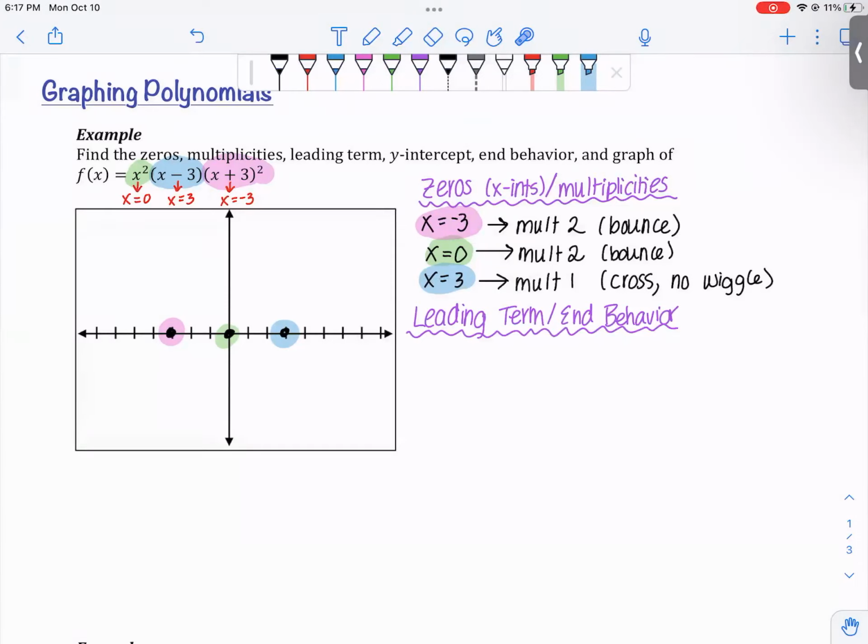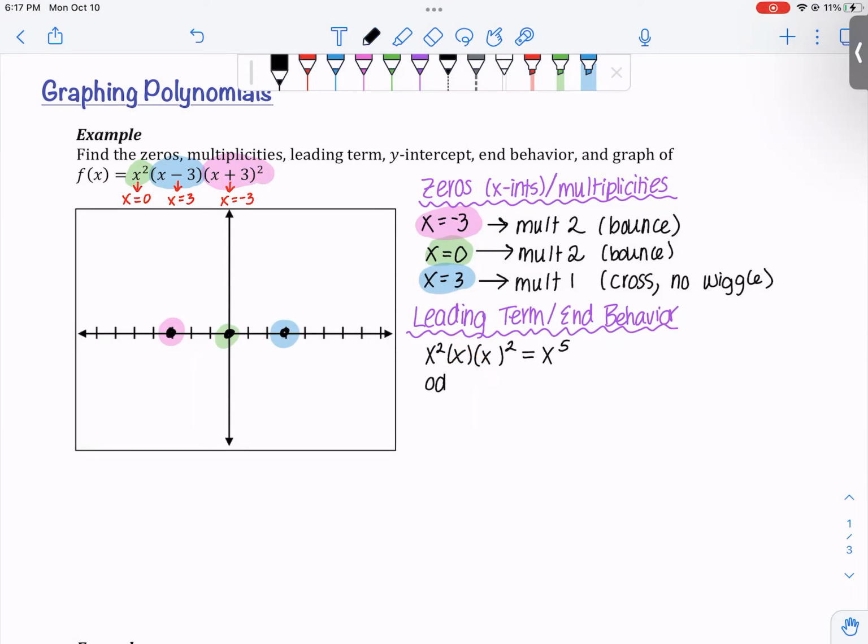I will not be re-explaining it in this video. The leading term here, we have an x squared, an x, and an x squared. So that is going to come out to be x to the 5th. The x squared from here, the x from here, and the x squared from there.